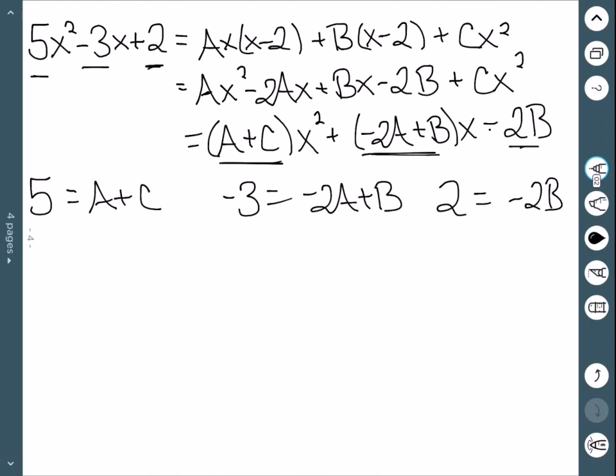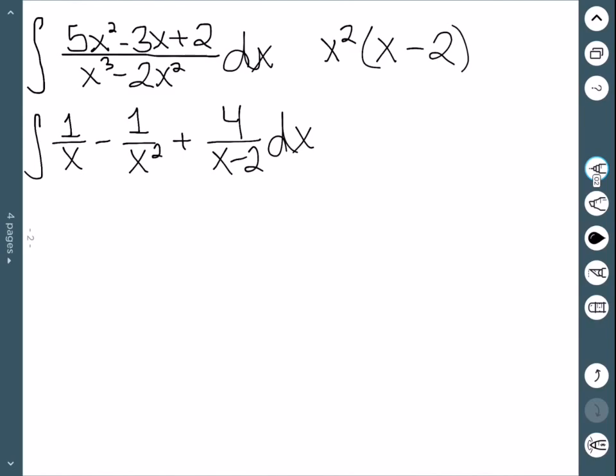We can now use either the first or the second of these equations to solve for A. I'm going to use the first. We've already shown that C was equal to 4, so we get that A is equal to 1.